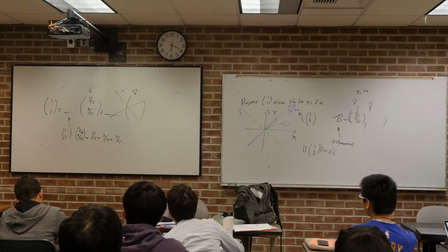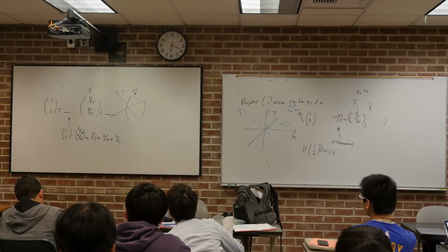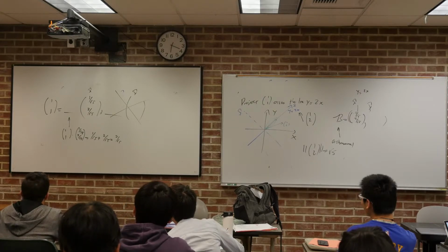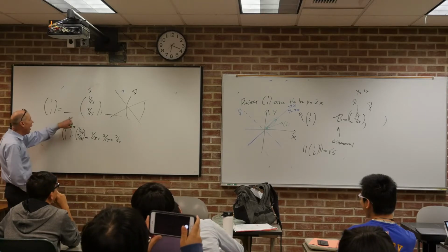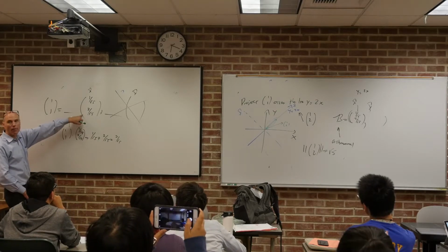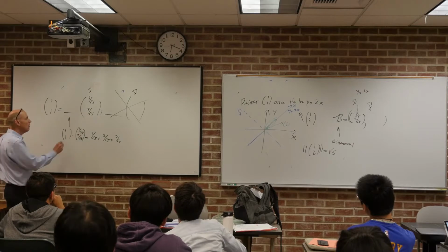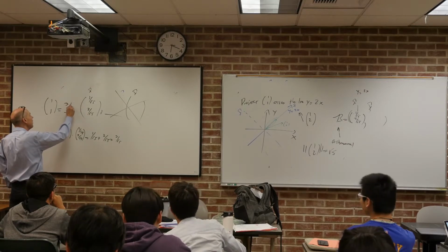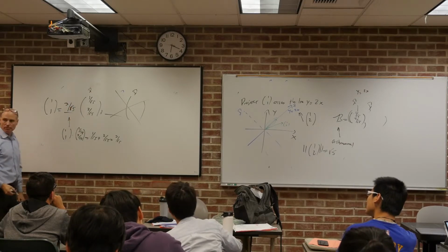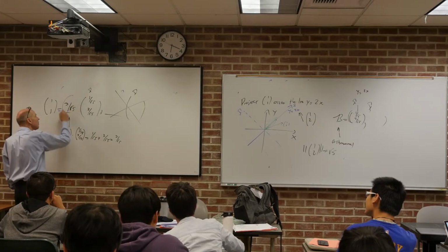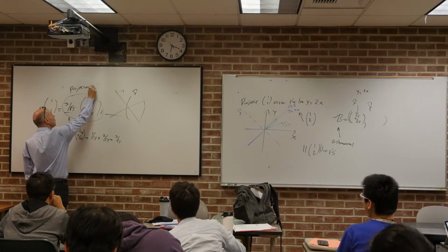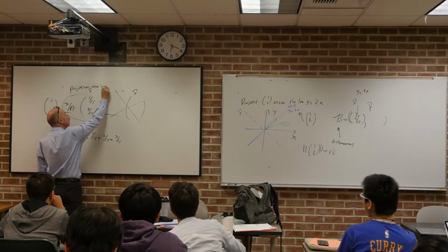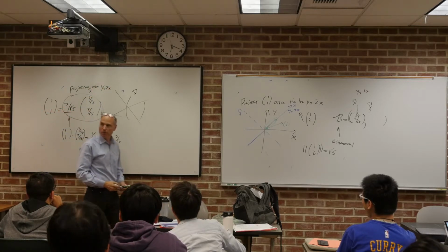That's not a vector. It's just a number. What am I going to do with that number? This is how far I move along the x hat axis. So this is going to be the projection onto y equals 2x.